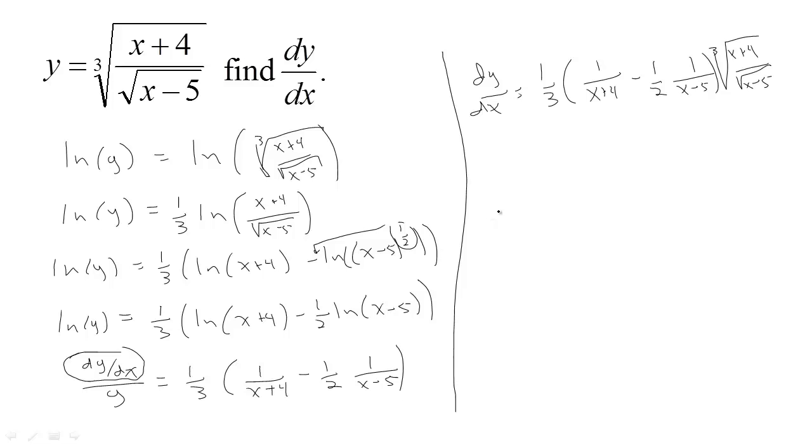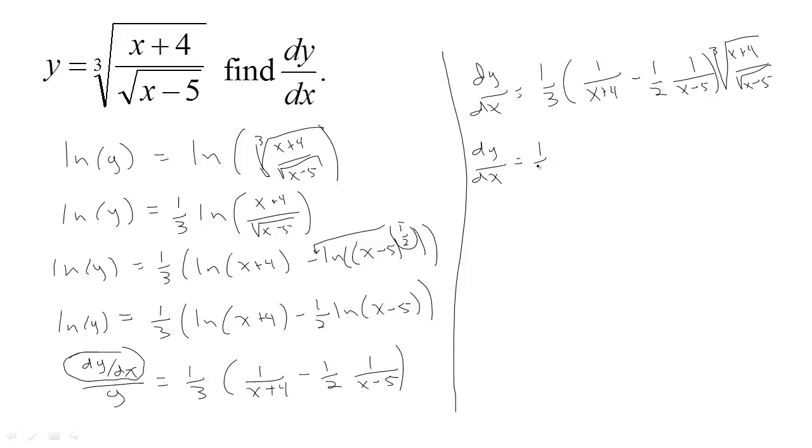We could, if we wanted to, combine these into a single fraction by getting a common denominator, and then we'd have something that had powers of x plus 4 and powers of x minus 5 times something else that involves x plus 4 and x minus 5, and we could cancel a little bit to simplify this answer. So maybe I'll just walk through how that would go so you can see.